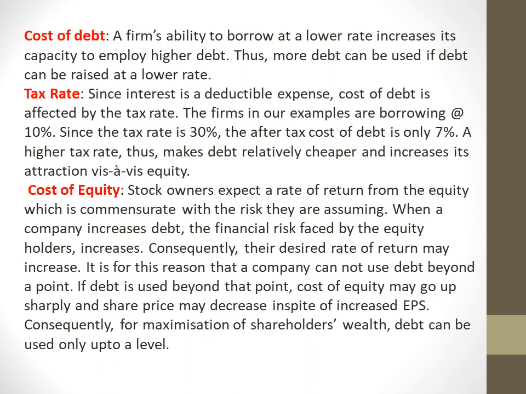The next one is tax rate. Since interest is a tax deductible expense, it means interest is deducted from the profits before paying the tax. That's why the income on which the tax is to be paid is being reduced. So if you reanalyze your last example, you will see that the company is borrowing at 10% and the tax rate is 30%.